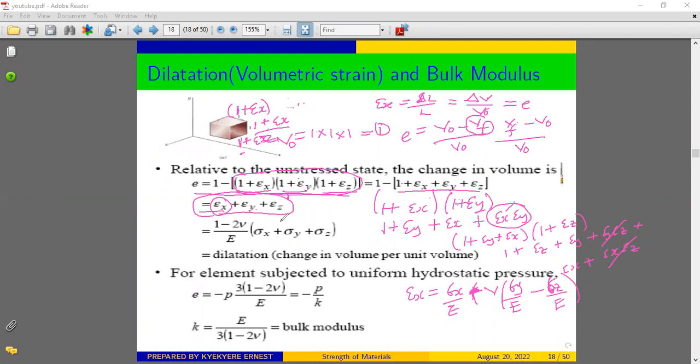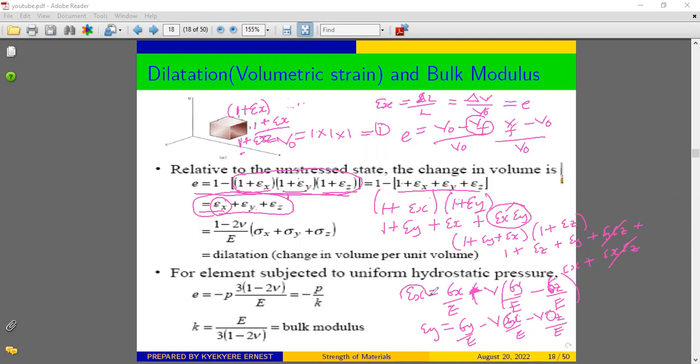So from here, when we put this into this formula, we also put epsilon y, which has the value of the stress in the y over the modulus of elasticity, minus the Poisson's ratio times the stress in the x over the modulus of elasticity, minus the Poisson's ratio times, this one is the stress, not the strain, the stress in the z over the modulus of elasticity.